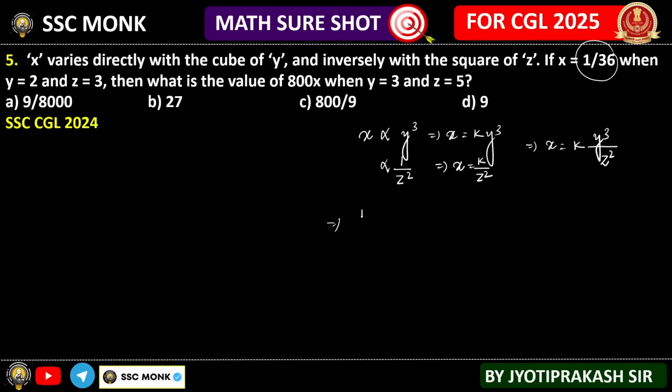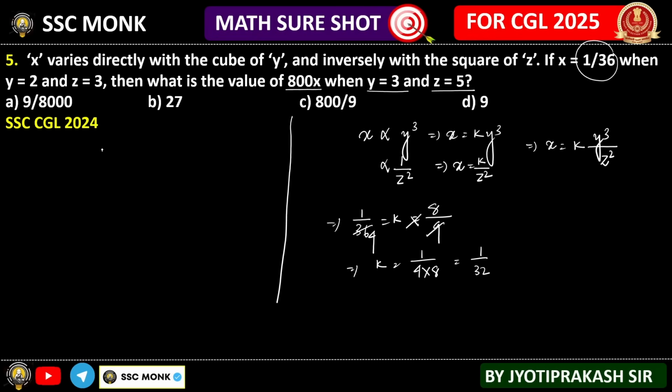So if x is 1 by 36, k is unknown, y is 2 means 2 cube, sorry, this is multiplication, 2 cube 8, z is 3 means 3 square 9, 9 4s are 36, k value is equal to 1 by 4 into 8, that is equal to 1 by 32. Simple. Now it is asking what is the value of 800x when y is equal to 3, z is equal to 5.